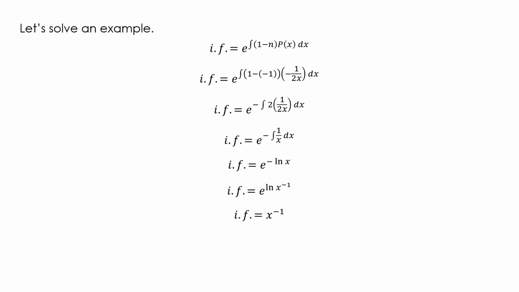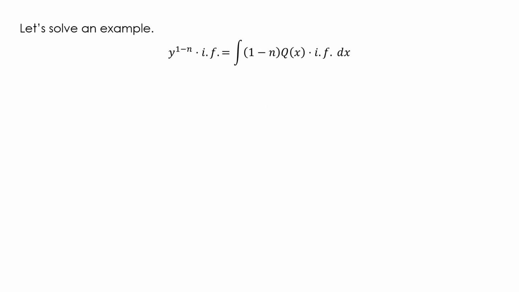So now that we have the integrating factor, we can plug it into our shortened formula. Just plug in the values for n, the integrating factor, and the q of x. So we get y raised to 1 minus negative 1, that will become y squared, times the integrating factor x raised to negative 1 equals the integral of 1 minus negative 1, that will become 2, multiplied by negative 3 over 2 times x raised to negative 1.